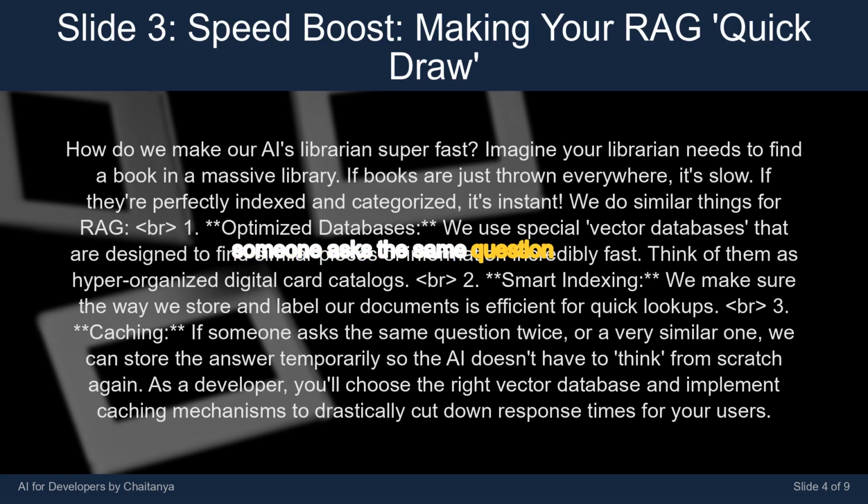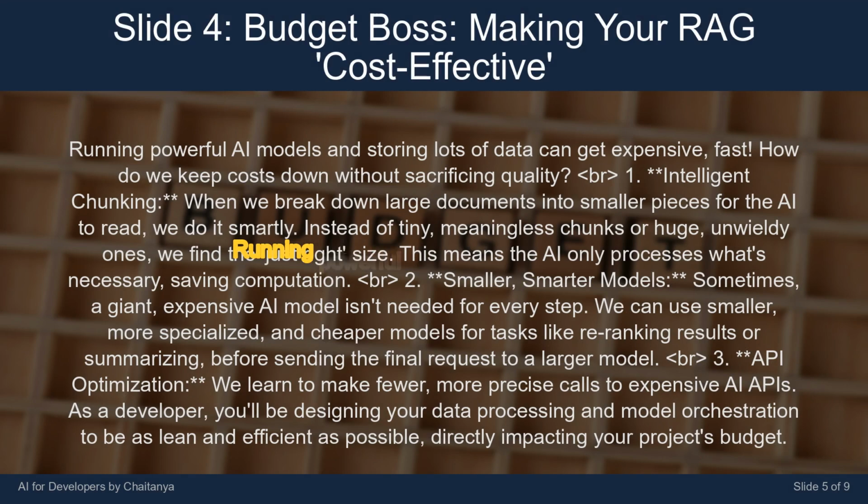Caching. If someone asks the same question twice, or a very similar one, we can store the answer temporarily so the AI doesn't have to think from scratch again. As a developer, you'll choose the right vector database and implement caching mechanisms to drastically cut down response times for your users.